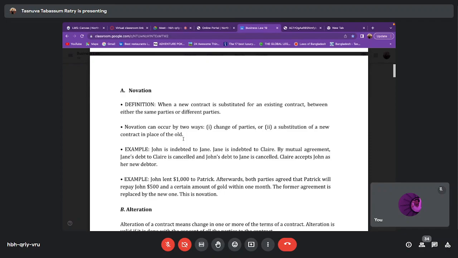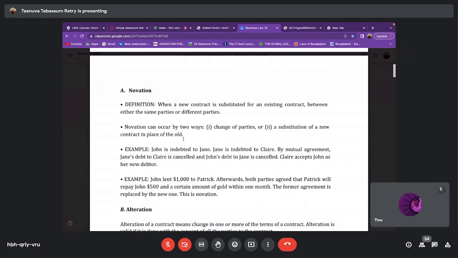So there are two individual loan agreements here. One is between John and Jane, where John is the debtor and Jane is the creditor. John owes money to Jane. In the other loan agreement, Jane is the debtor and Claire is the creditor. Jane has taken money from Claire, so Jane owes 100 taka to Claire.